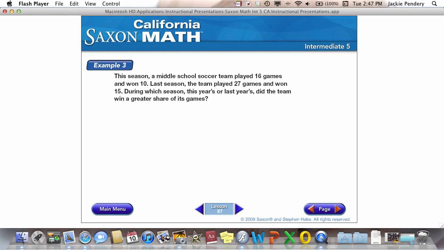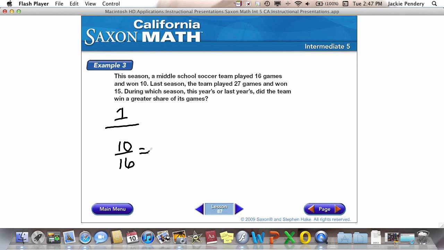All right, this season, a middle school soccer team played 16 games and won 10 of them. Last season, the team played 27 games and won 15. During which season, this year's or last year's, did the team win a greater share of their games? Okay, so let's look at how we write these ratios. So season 1, we have a total of 16 games and we won 10 of them.